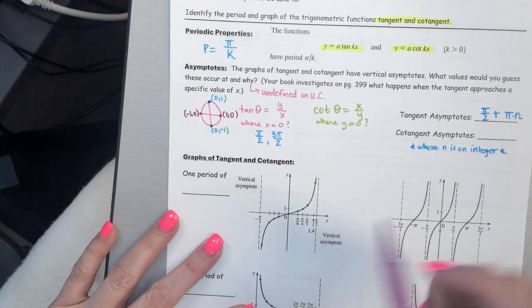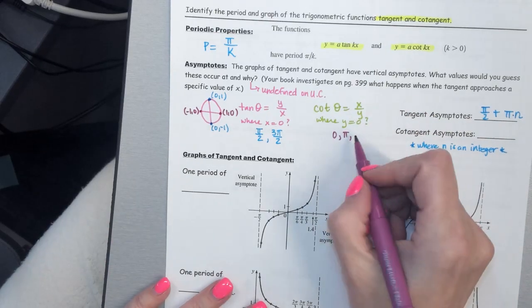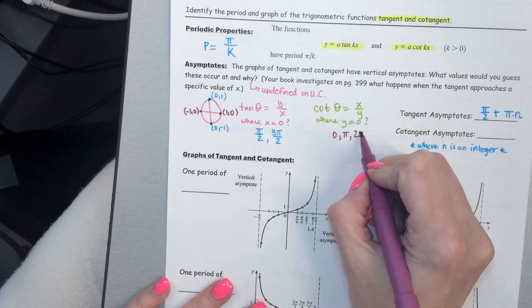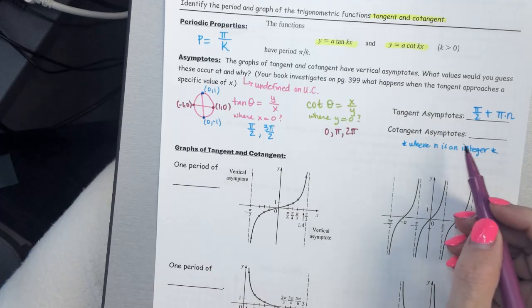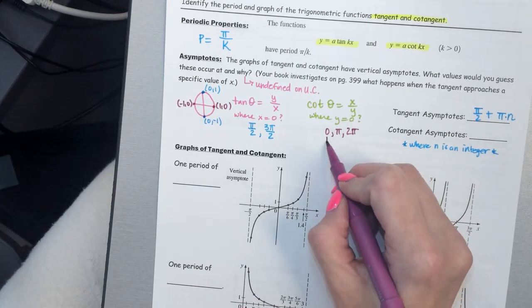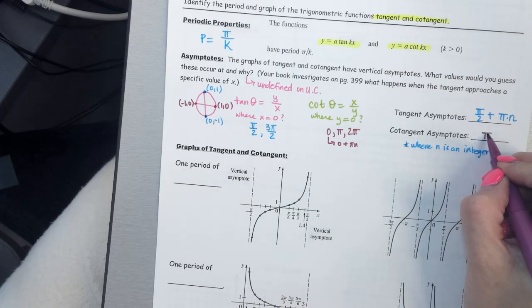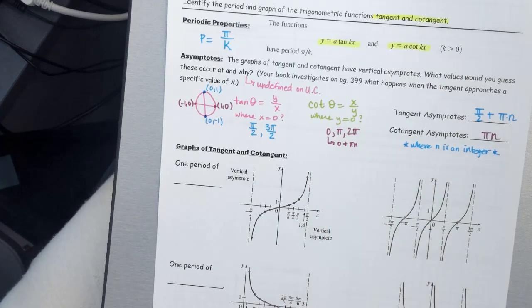This is at 0 or 2 pi. Pi, if you want to say 2 pi as well, you can. And then if you do 0 plus pi n, it's just pi n. Or you could do pi plus pi n. That would be fine too.